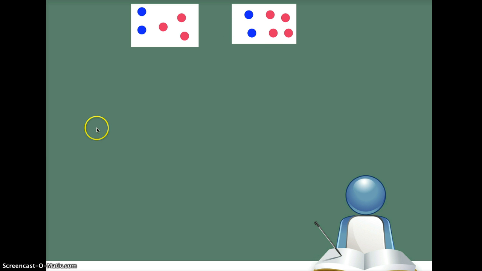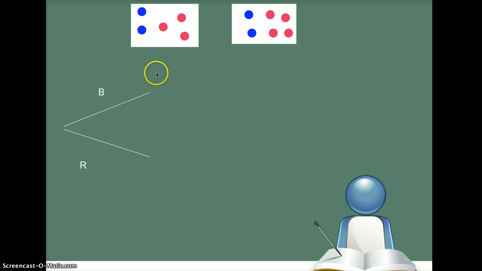Okay, let's now draw the tree diagram for this. Because we have 2 bags, that means that we will have 2 branches for the tree. Let's draw the first bag first. So we have the first branch. It will have red and blue and red.